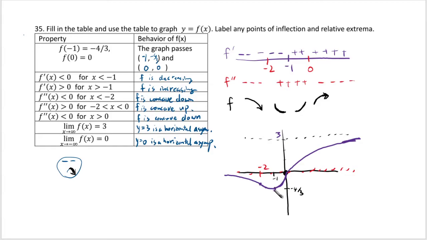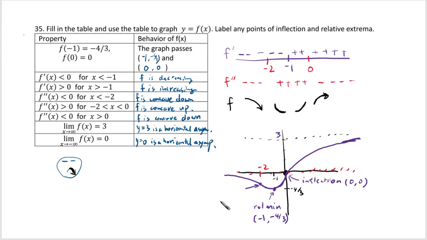Okay, so this point right here will be a relative minimum at (-1, -4/3), because that's the minimum, right? And there are 2 inflection points. So this will be one inflection, which is (0, 0).